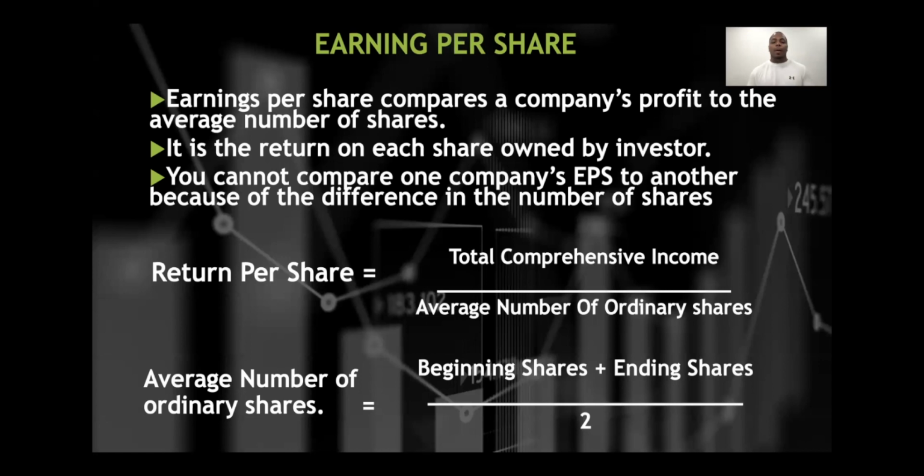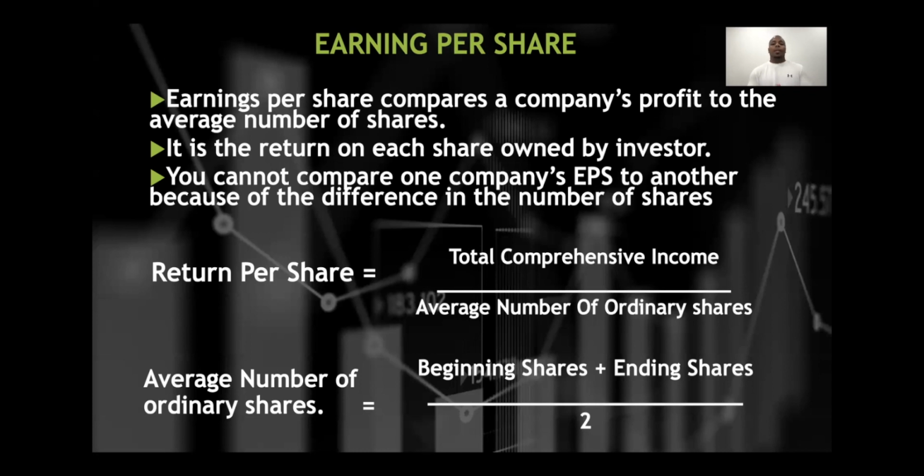Remember, we talked about in class number one that when you invest into a company, you invest into fractional ownership of that company. You're a part owner of the company, and as a part owner, you should know how much you make on each share of the company, right? And then you cannot compare one company's EPS to another because of the difference in the number of shares, right?